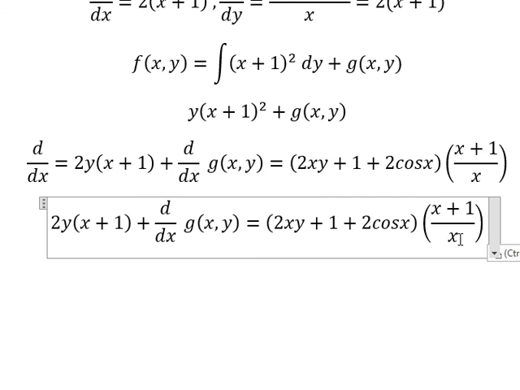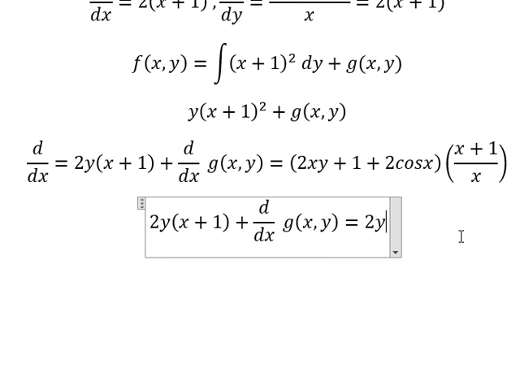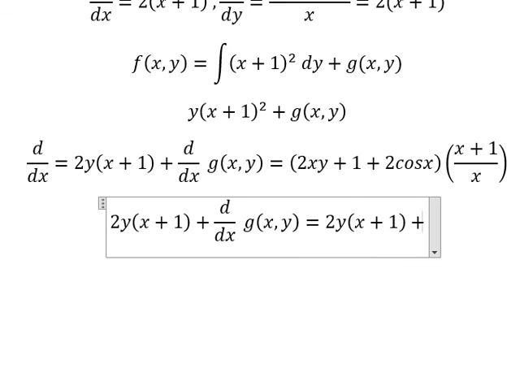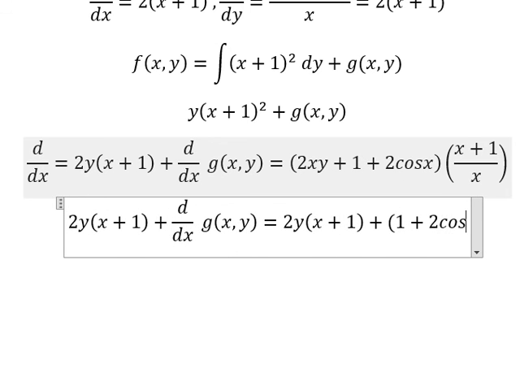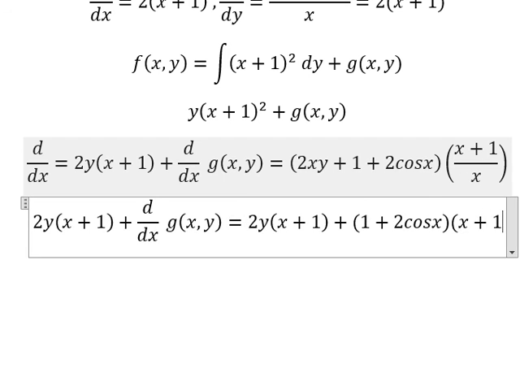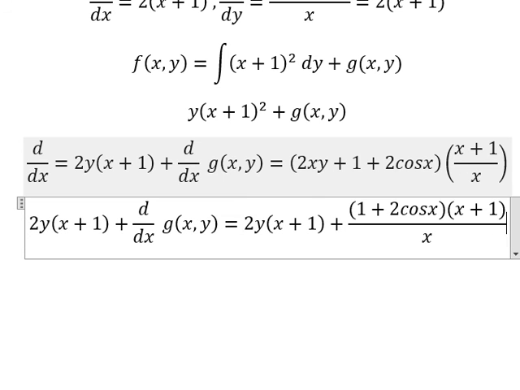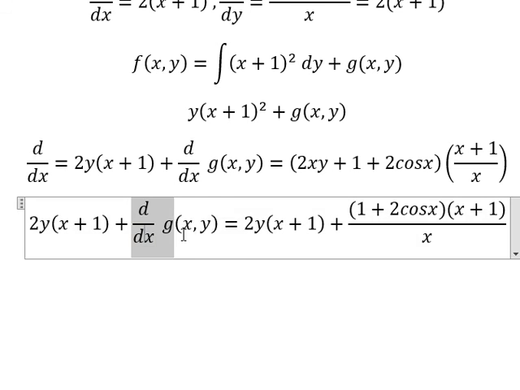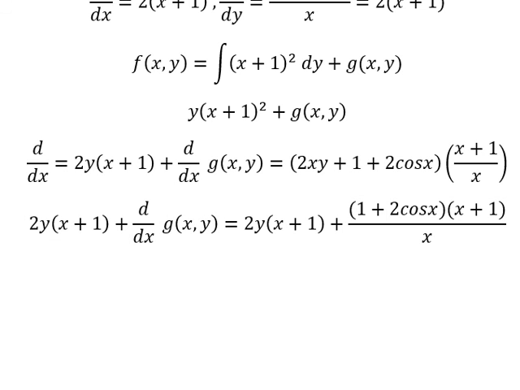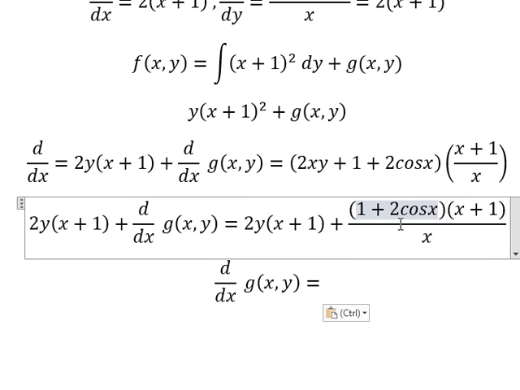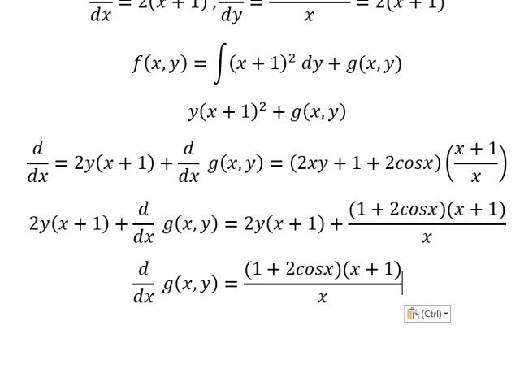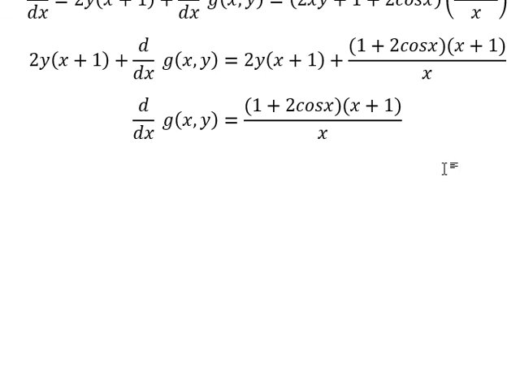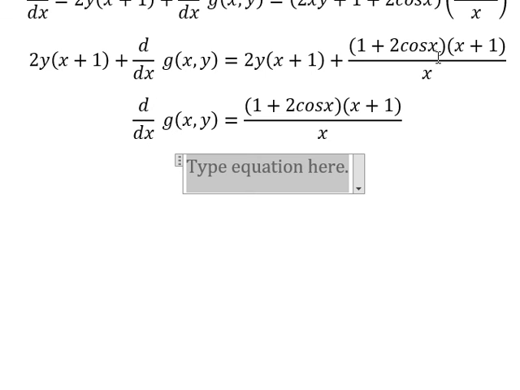So we have 2xy with s, so we have 2y(s plus 1), and we have 1 plus 2 cosine s, times s plus 1 over s. We simplify this one and this one, so we just have this one left. Next, we put the integration for both sides.